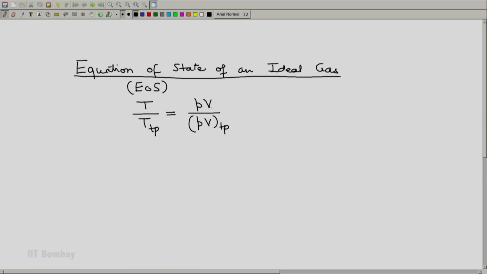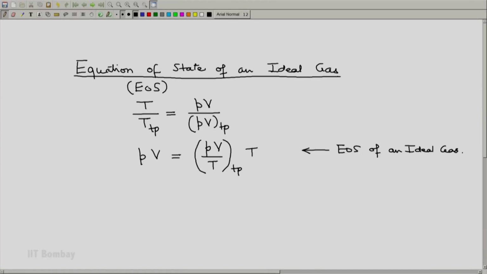Let me put PV on the left hand side and push everything on the right hand side, and you will get this simple relation, where all terms containing Tp as the subscript I have combined together. Actually, this is the basic equation of state of an ideal gas.